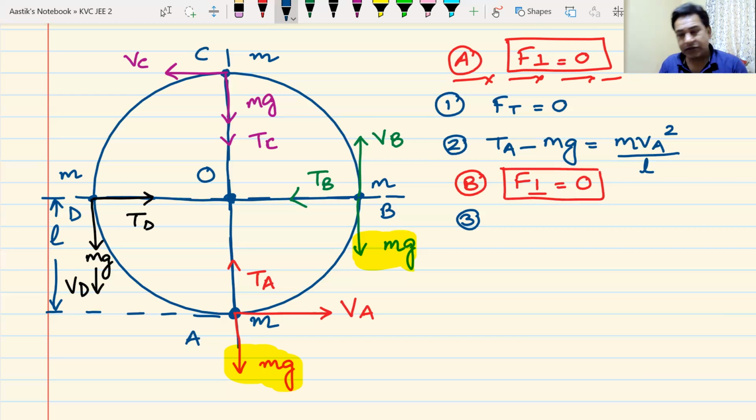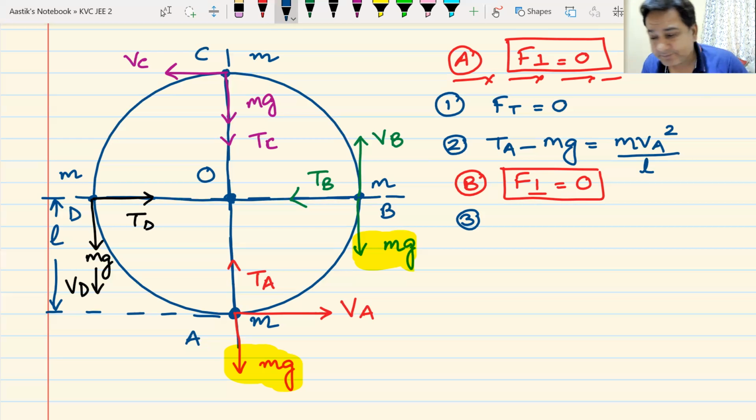What is the equation at point B in the tangential direction? Tangential direction is a direction which is tangent. The velocity is also tangential. What is the equation in the tangential direction?